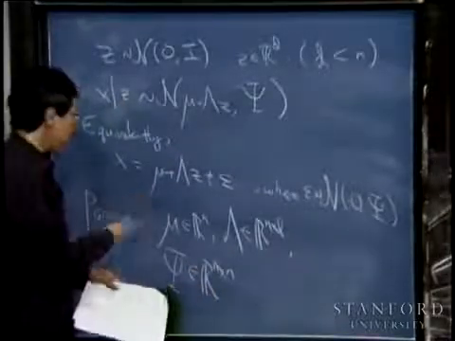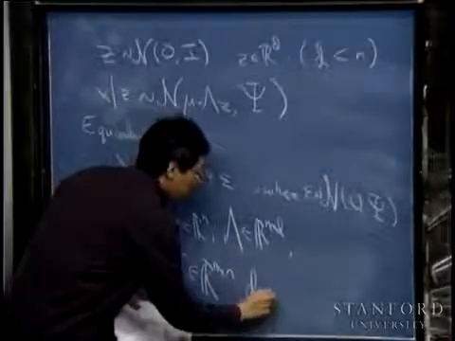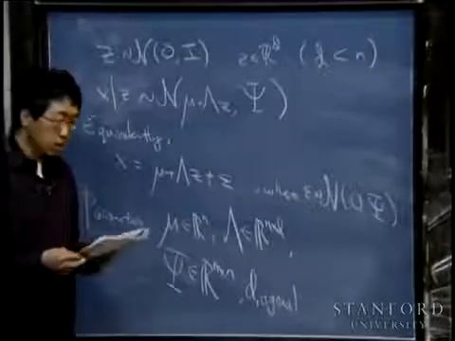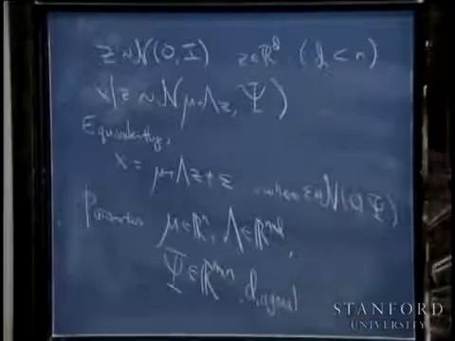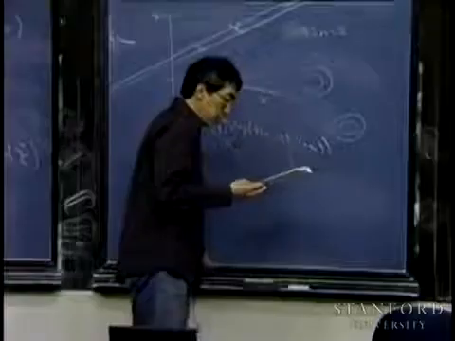And I'm going to impose an additional constraint on psi. I'm going to impose a constraint that psi is diagonal. Okay. So that was the formal definition. Let me give a couple of examples to make this more concrete.